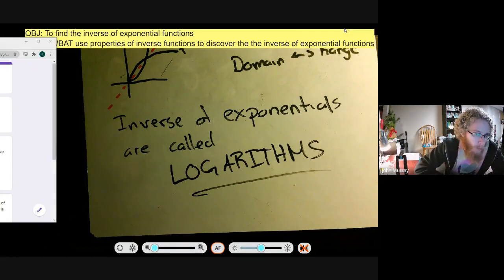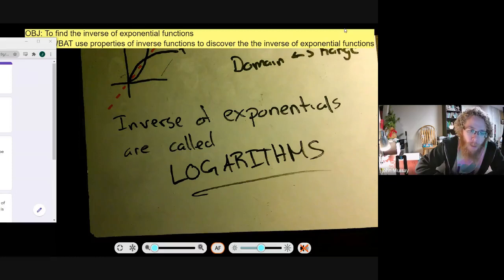I'm not sure if you guys talked about things like decibels in any of your science classes, but sound is measured in decibels. The louder it is, the more decibels it is. Decibels are calculated with logarithms. Earthquakes, the Richter scale, things like that, the magnitudes are calculated with logarithms.